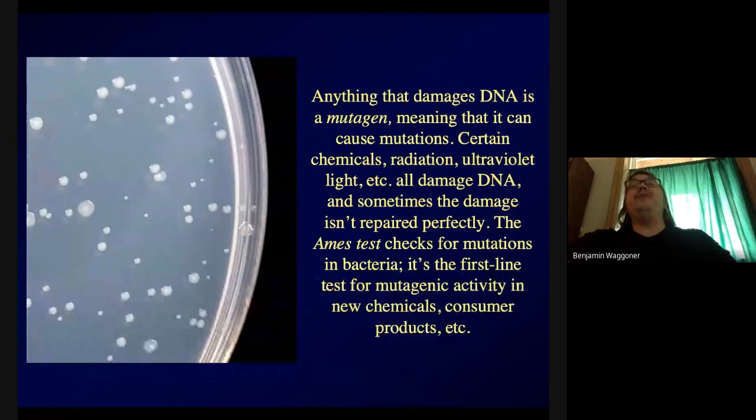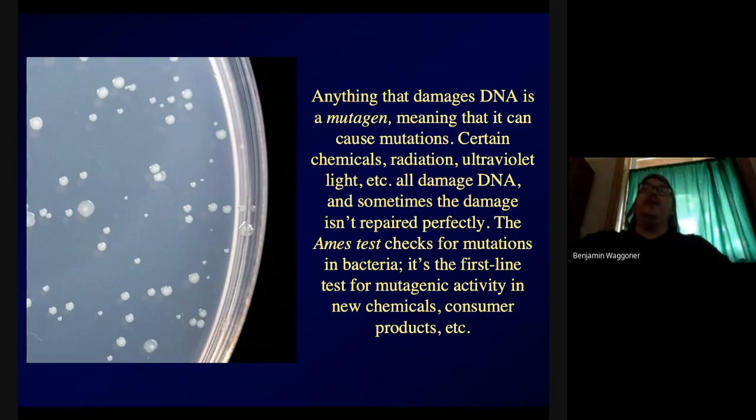And so anything that can damage DNA and cause mutations is called a mutagen. There are chemicals that are mutagens. Radiation is a mutagen. If you get too close to an atomic bomb going off or something like that, that will damage DNA. A big one that you know about is ultraviolet light, this wavelength of light that you can't see, but that reaches the ground in sunlight.